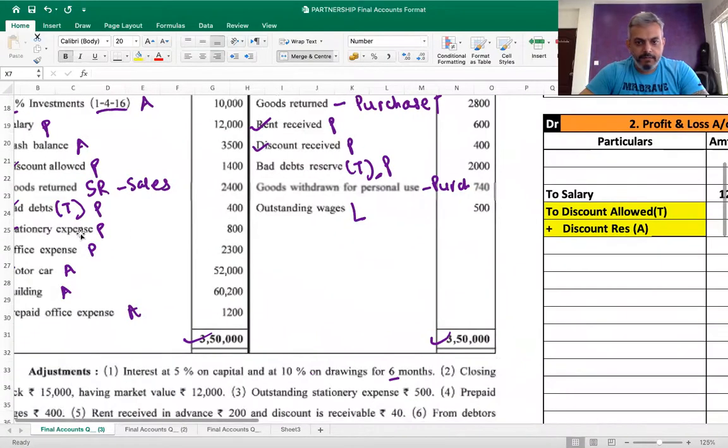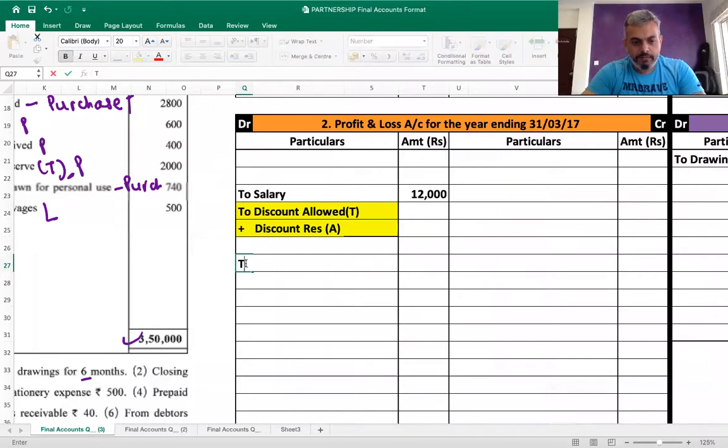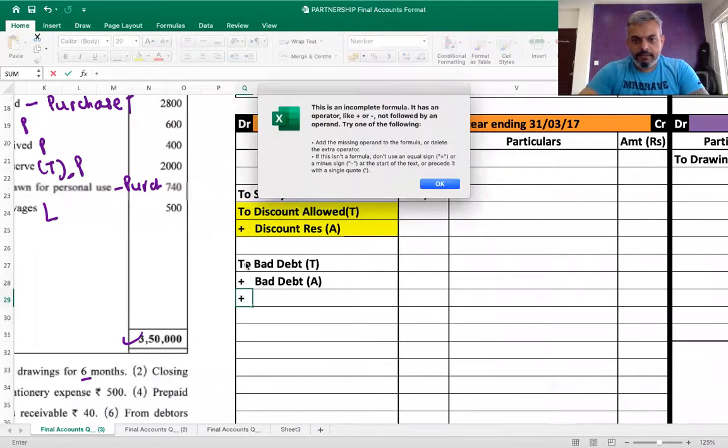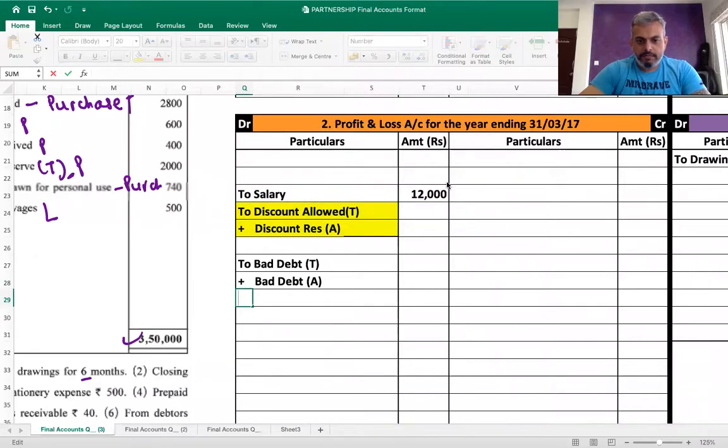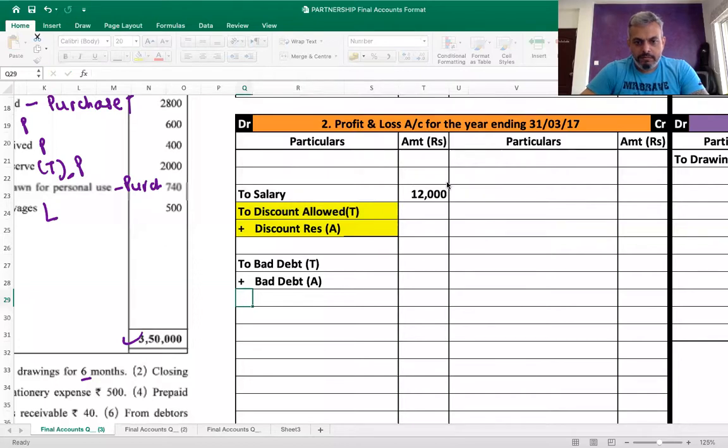Bad debt, do our format of bad debt. To bad debt as per trial balance plus bad debt as per adjustment plus bad debts reserve as per adjustment, and separately you can show minus.